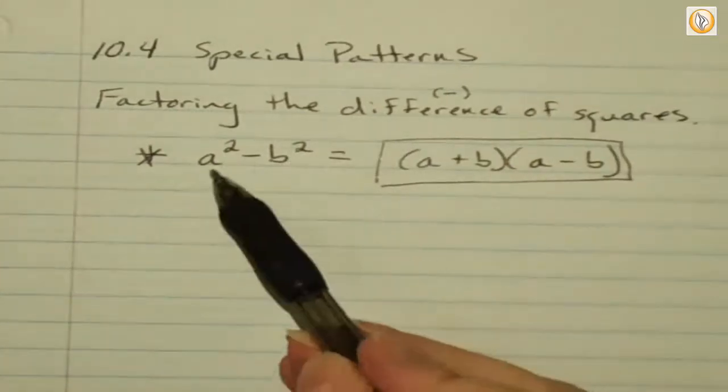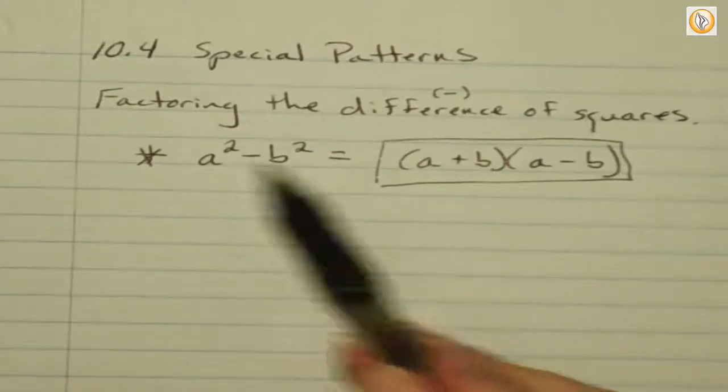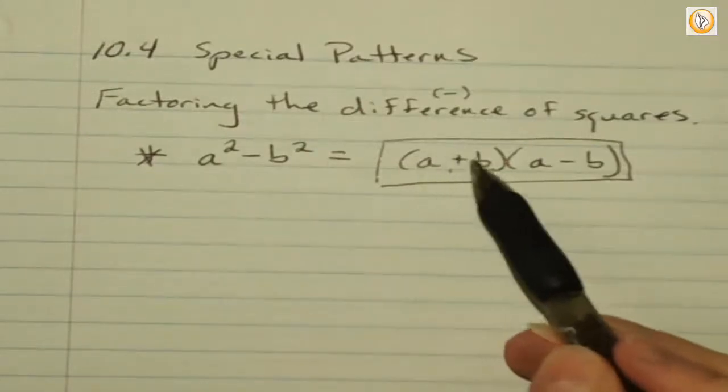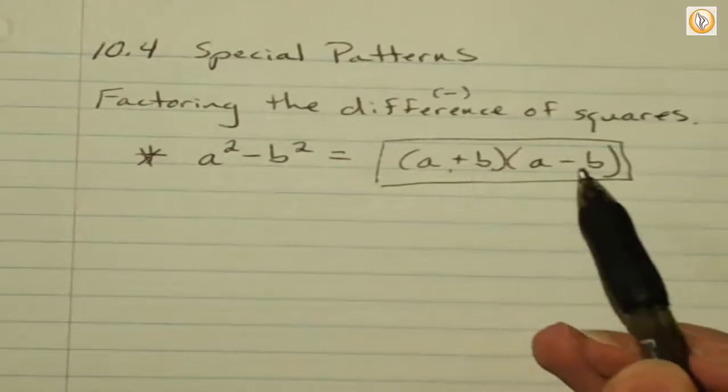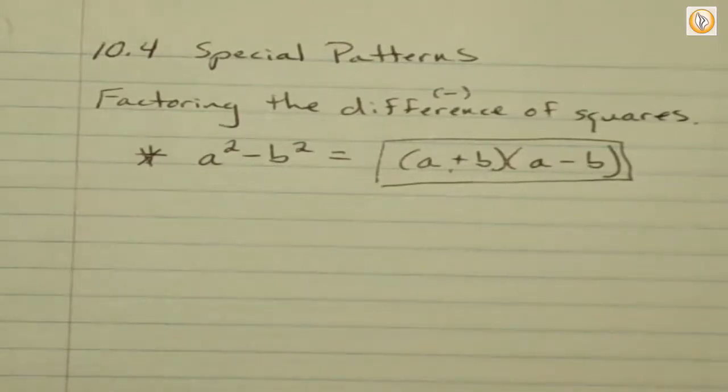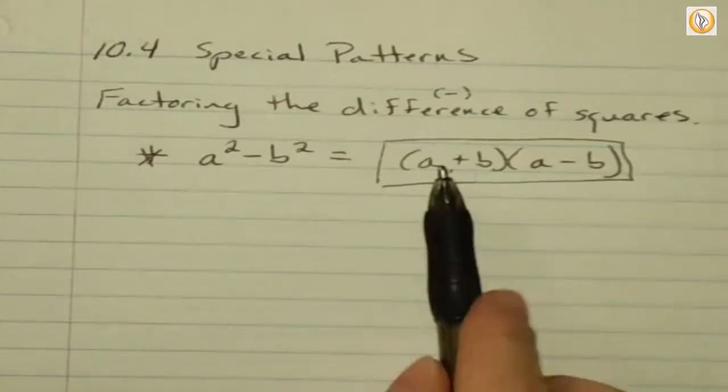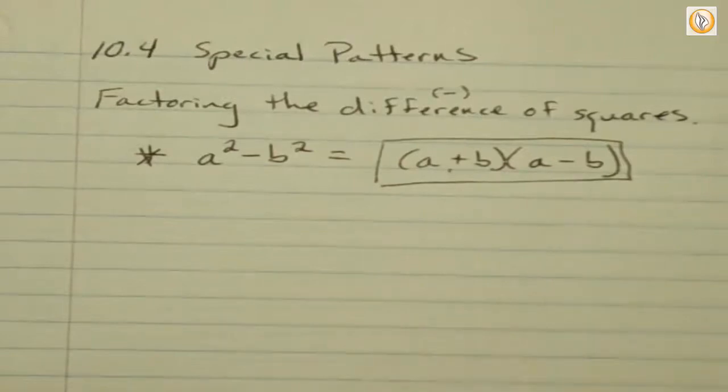See? Perfect square, there's a subtraction. The first parentheses has a plus sign, second has a subtraction sign. That's a rule. So every time you see a problem like that, it's almost like a no-brainer. You just pull out the perfect squares, do one parenthesis with a plus and one with a minus.